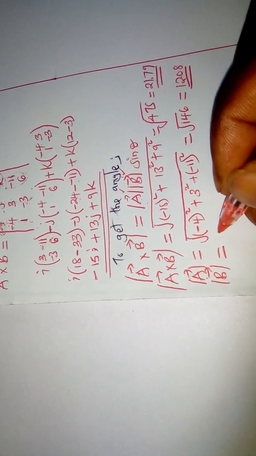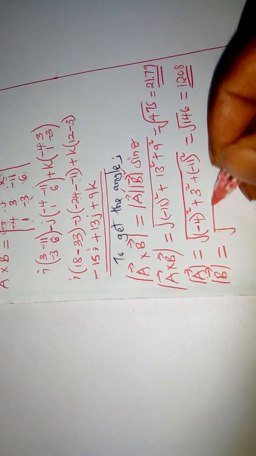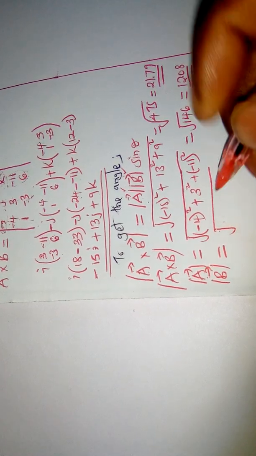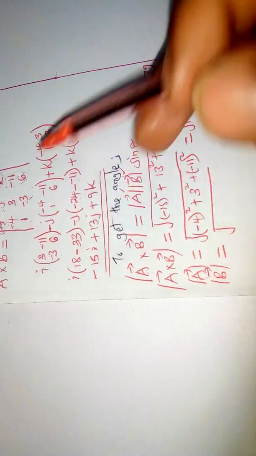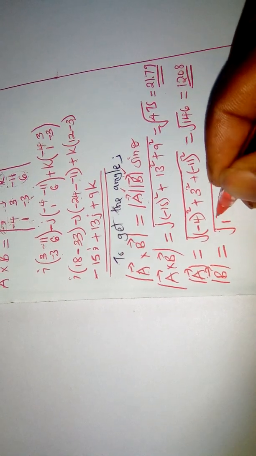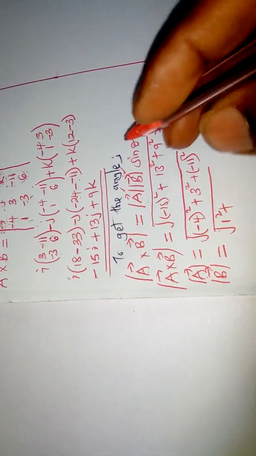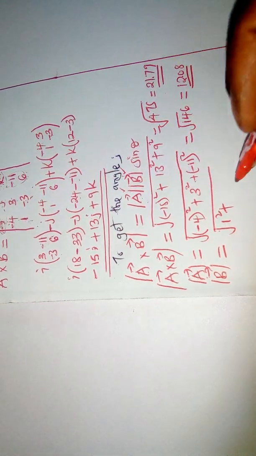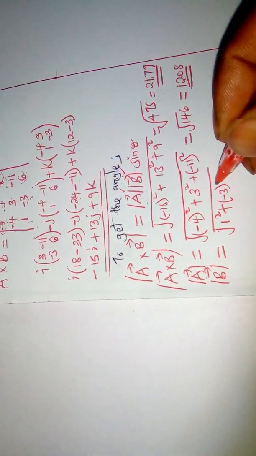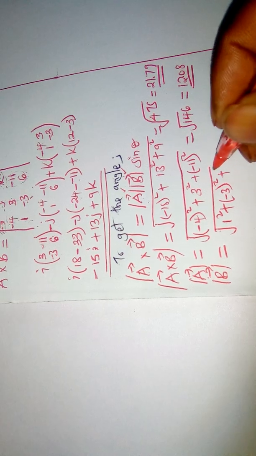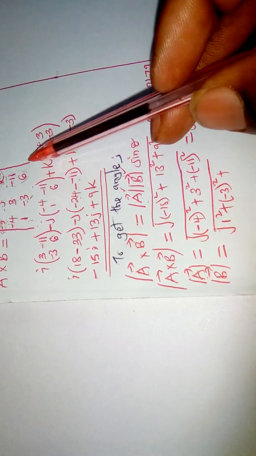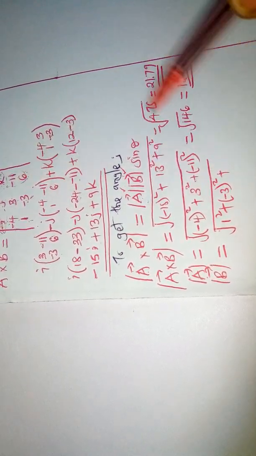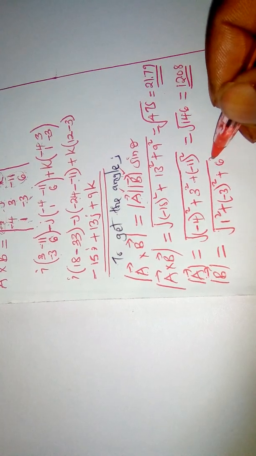So I'll write the big square root, the coefficient of i is 1, so I get 1 squared, plus the coefficient of j, that is negative 3, squared, plus the coefficient of k is 6, so 6 squared.